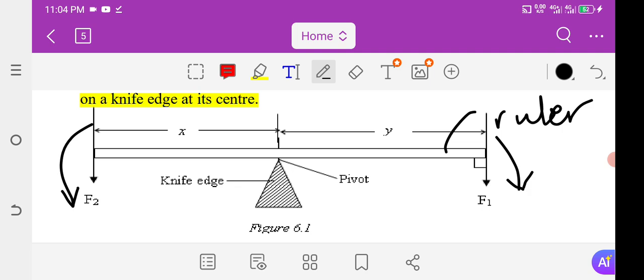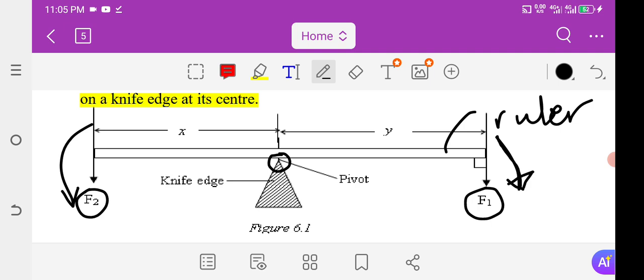All right, so we have a pivot here. That's the point about which the ruler is going to turn if a force is exerted at any point. That's very important to note. Then we have two forces, F1 and F2. If we exert a force F1, the ruler is going to turn this way.